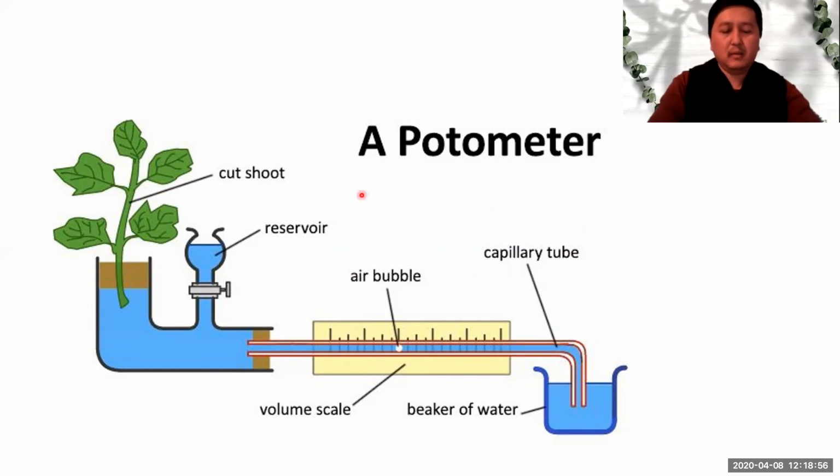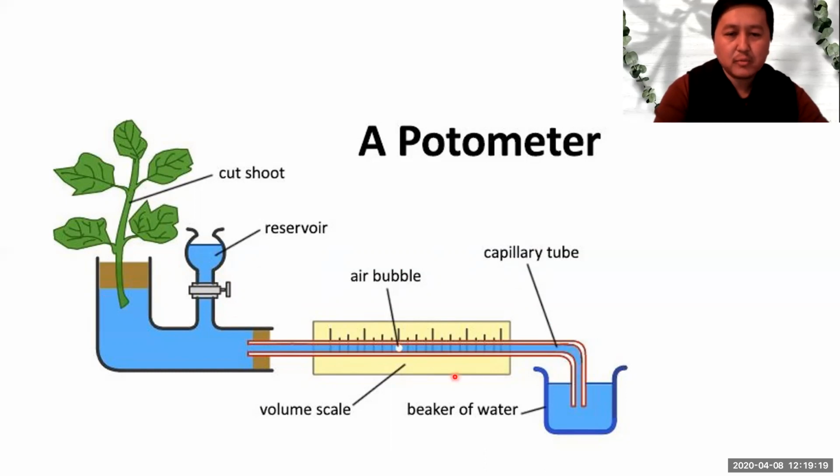Let's look here. Here is a capillary tube, and at one end of the potometer, a cut shoot of the plant is fixed in here. Here is a reservoir, and here is a capillary tube.